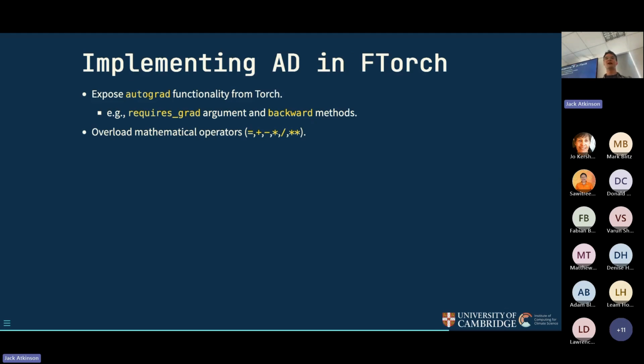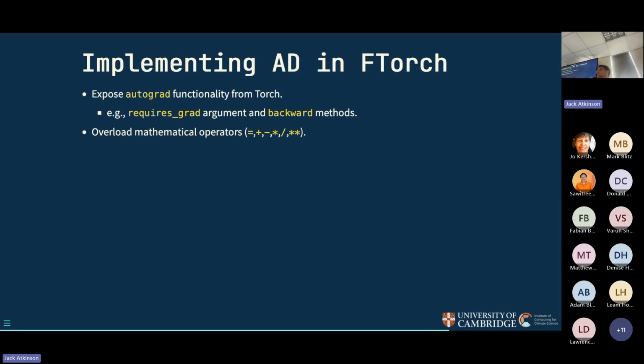In terms of implementing this, we follow a similar approach to the rest of FTorch. We make use of the fact that automatic differentiation is already a key feature of libtorch and PyTorch, and we provide an interface to use those things that are already available. The slight nuance is that there's a bit of extra work required.